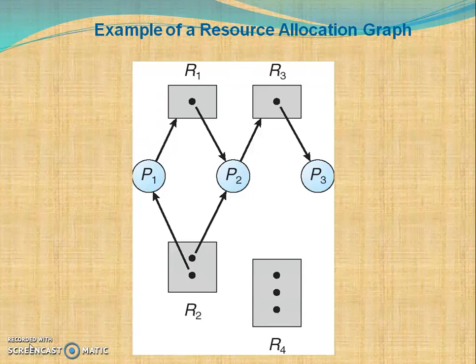Also the resource R2, which has 2 instances, is assigned to the processes P1 and P2. The resource R3 can be assigned to the process P2 only when the process P3 completes its work.